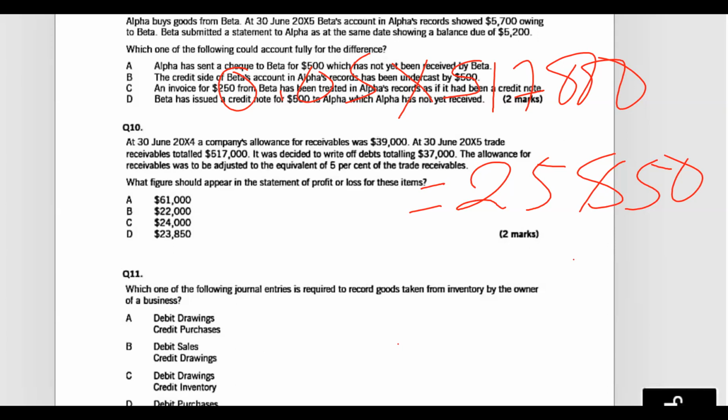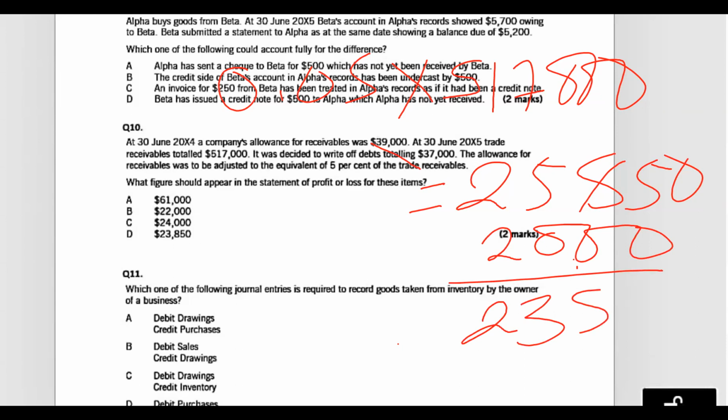That's 23,850. So what do we get once we remove 2,000? 23,850. Interesting. It could be the answer, but let's hear others.